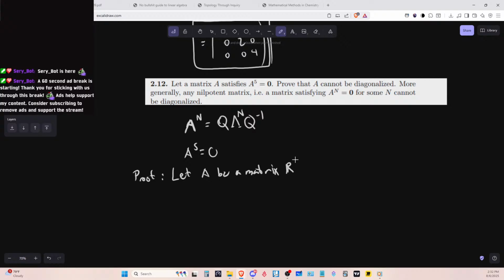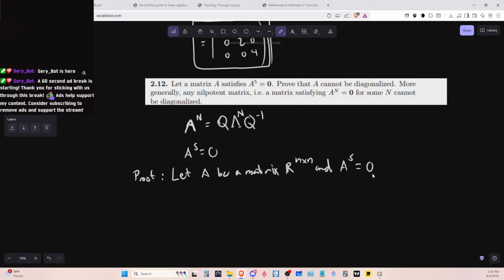I think we should make it square, so it's n by n. We'll make it like that. And A to the 5th power is 0. Now prove that A cannot be diagonalized.